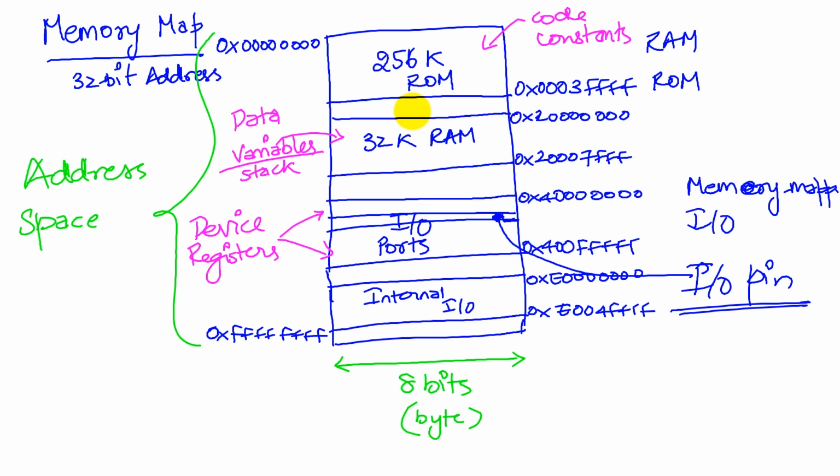So what we notice in the memory map is that there are several sections of the memory: 256K of flash, 32K of RAM, I/O ports, and internal I/O. And if you notice, there are chunks of space in between that I have not referred to.